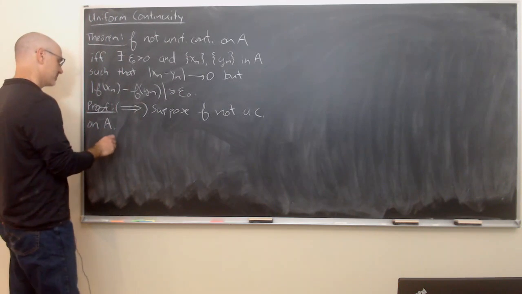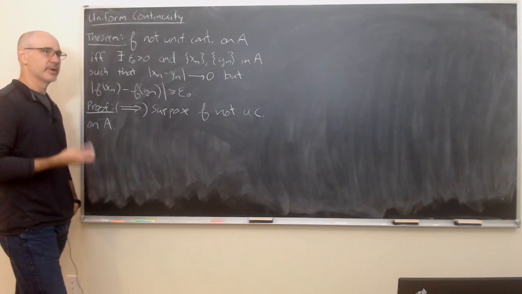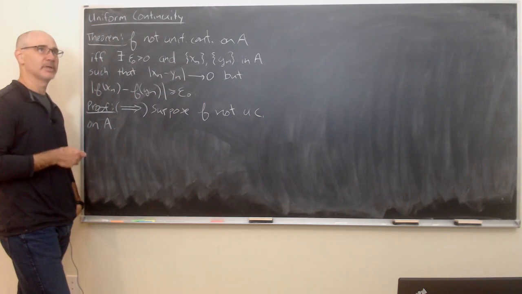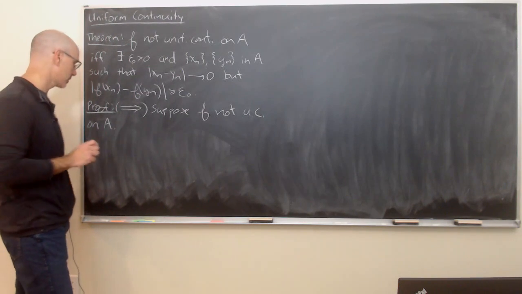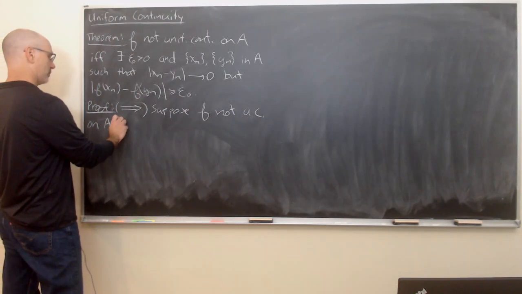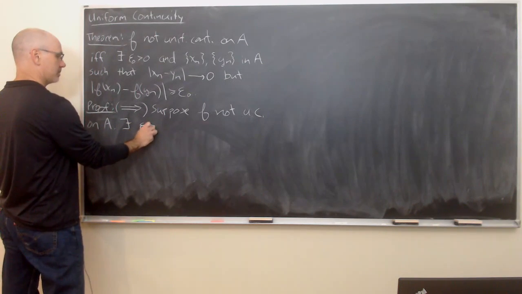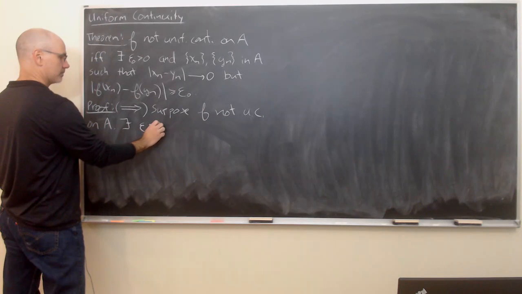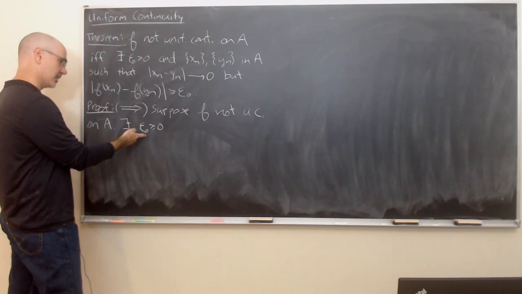If that's not the case, then it isn't true for every epsilon, which means there is an epsilon for which the rest of it doesn't work. So there exists an epsilon bigger than 0, because not every epsilon will work. There's got to be one that doesn't.